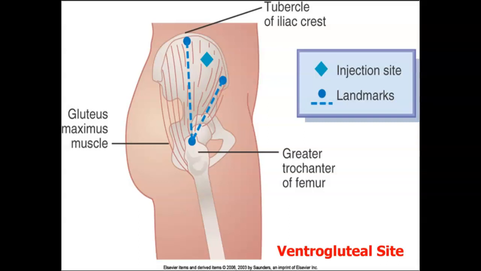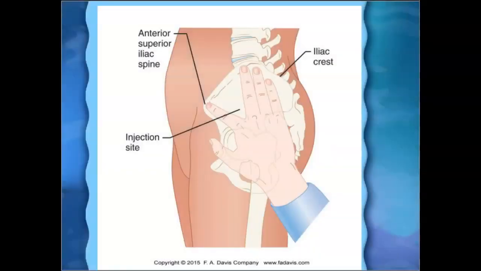You're going to put your thumb toward the groin and your middle finger and your pointer up, spread out, and you're going to place the injection between your pointer and your middle finger, right where this diamond is at, okay? Again, we'll practice this in lab and class.